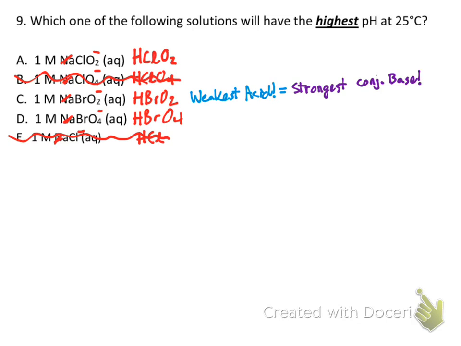So if we compare these, HClO2, HBrO2, and HBrO4, HBrO2 has the least electronegative central atom, the bromine, and only 2 oxygens as compared to the 4 from HBrO4. So, the least electronegative central atom and the fewest number of oxygens makes for a weaker oxyacid, which makes for a weaker acid, and therefore a stronger conjugate base. So BrO2- is the strongest of the bases here.